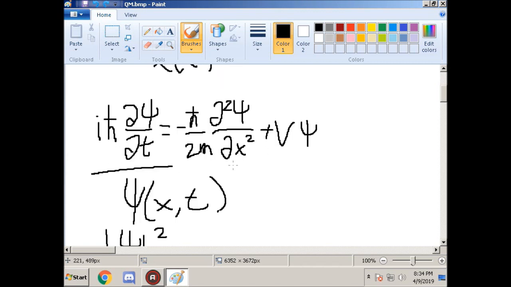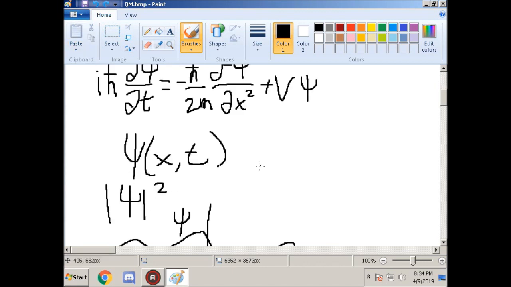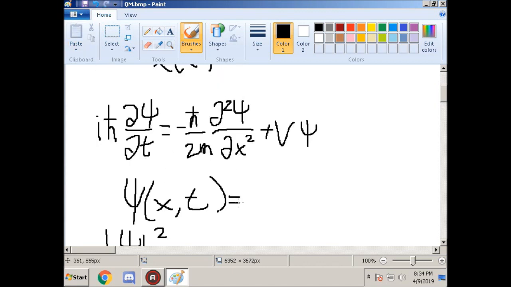So this is of course a partial differential equation, right? We have some techniques of solving this, so let's apply that. This psi is a function of x and t, space and time. Now if you recall, one of the techniques we have for solving these types of equations is called separation of variables.